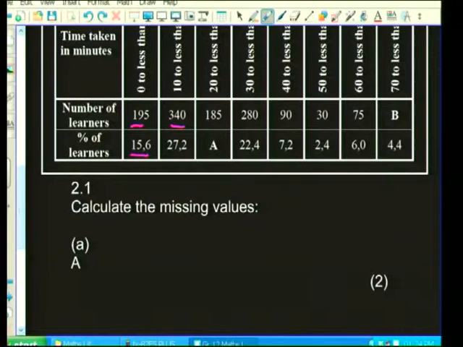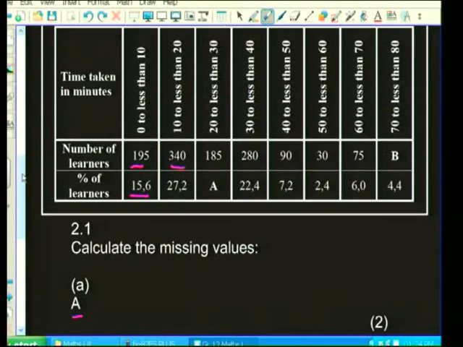The first question says, calculate the missing value of A. So we are looking for A, and this is a percentage, the percentage of learners, and we have all the other percentages. Although we can use this number, we don't know how many people she actually interviewed, because nowhere in our question did it tell us how many children she actually interviewed.